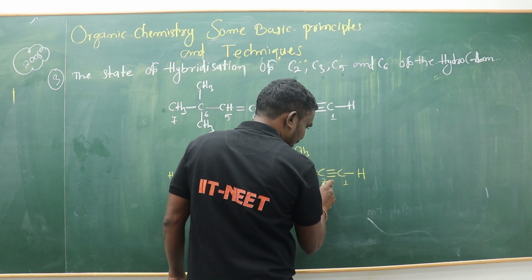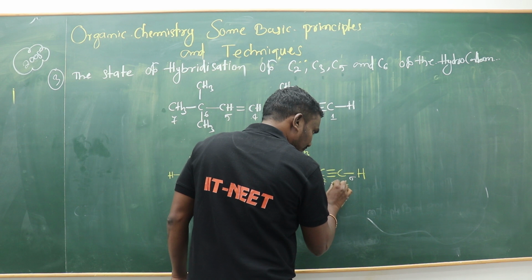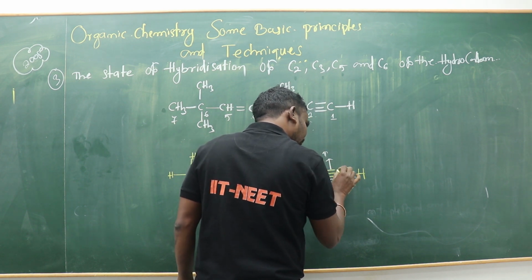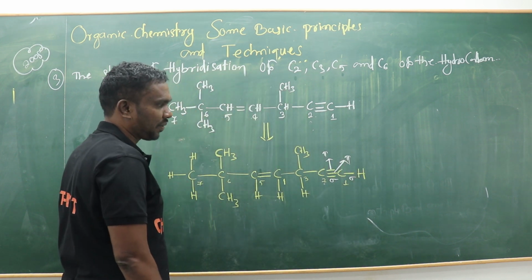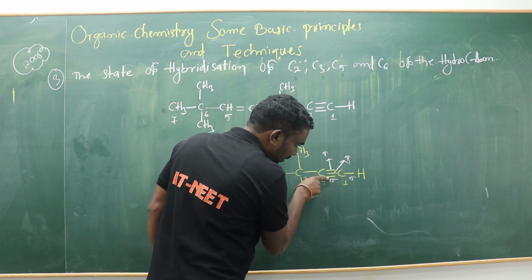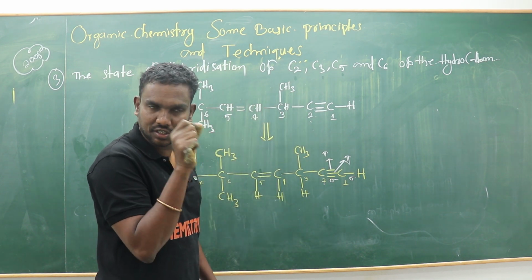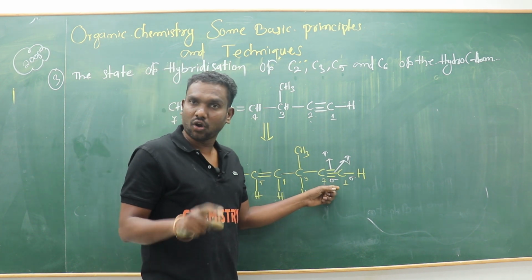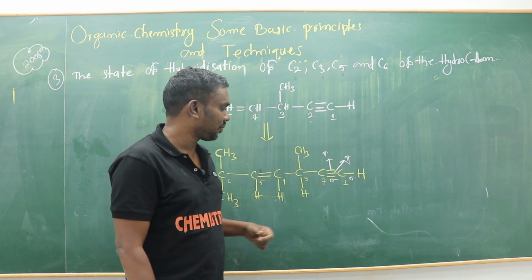So second carbon, observe carefully, second carbon, this is sigma bond, right? Single bond. In triple bond, one is sigma bond, another one is what? Pi bond, right? Two are pi bonds. In triple bond, one is sigma bond, two are pi bonds. बेटा जी बार बार बोल रहे हैं हम, ध्यान देना इस पे, right?